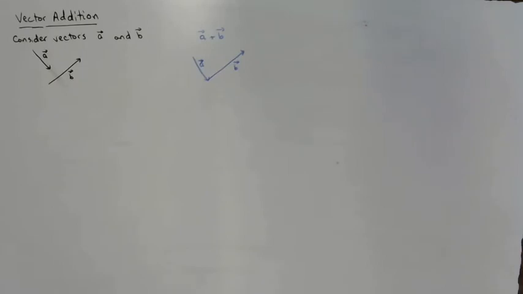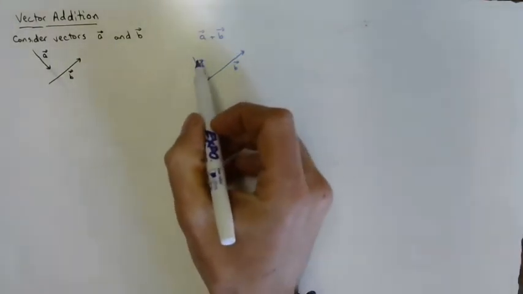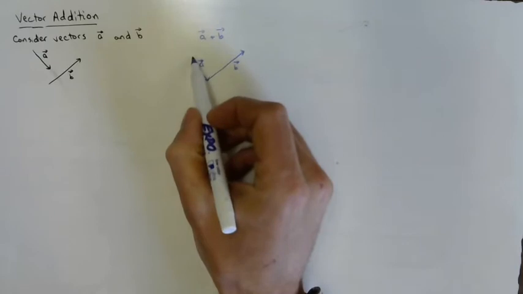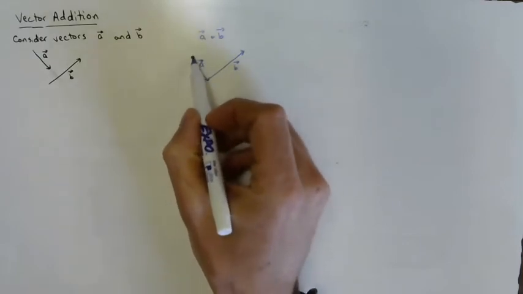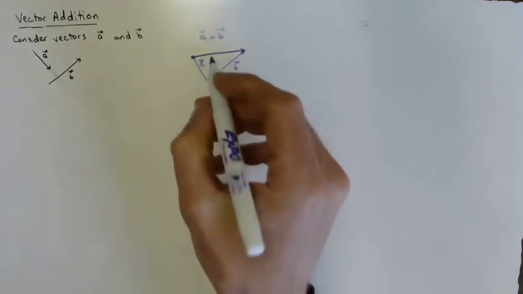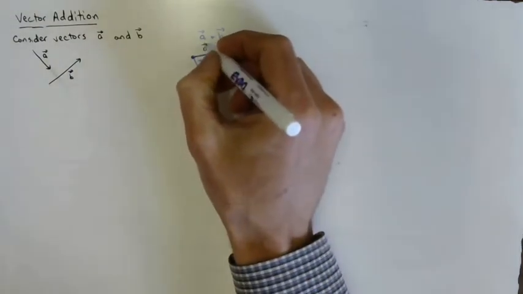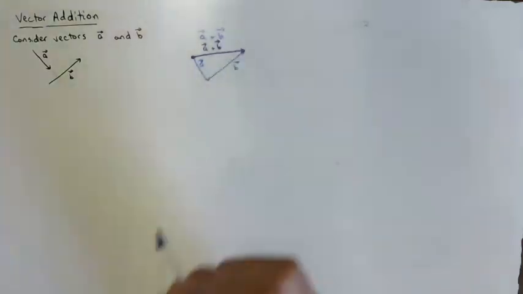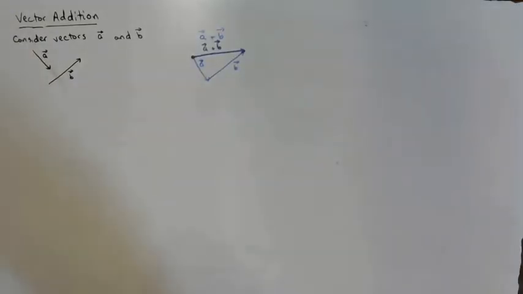And now what I would have to do is simply find the resultant by drawing from the tail of vector A to the head of vector B, and I've created this new vector called A plus B. That is the resultant vector.